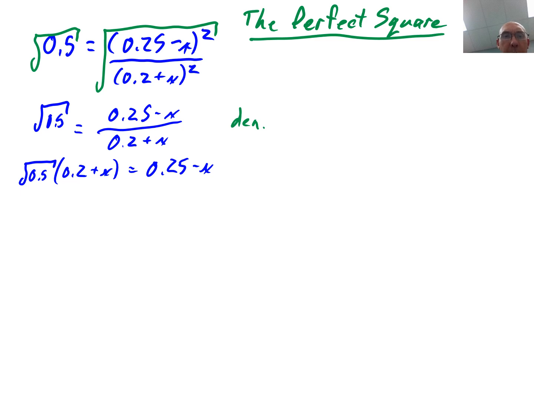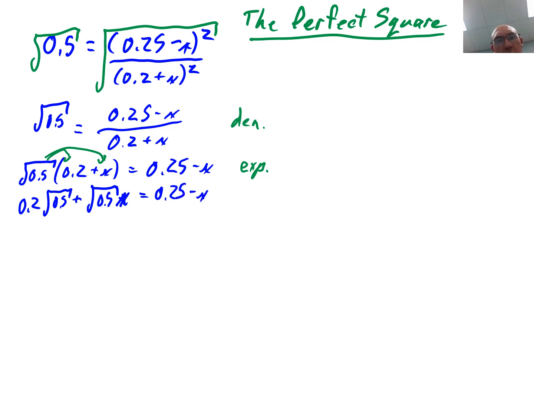We still want to get x by itself, so we're going to have to expand the left-hand side. Well, the expansion is going to require me to distribute to both terms. So putting the terms in the correct order, we get 0.2 times the root of 0.5 plus root of 0.5 times x equals 0.25 minus x.